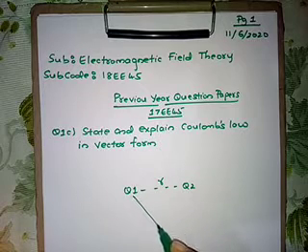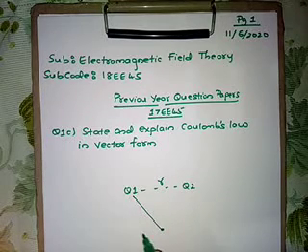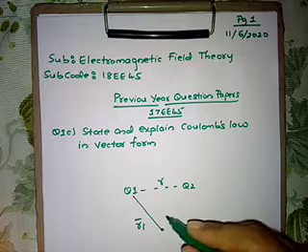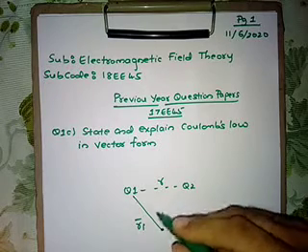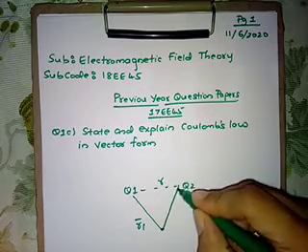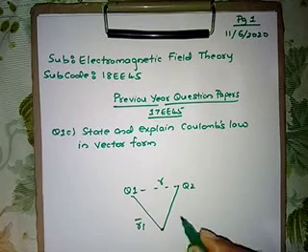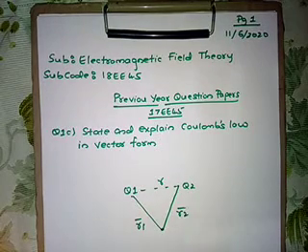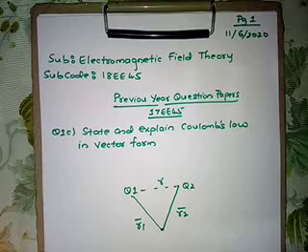So from Q1 to origin, let the distance be r1 vector. From Q2 to the origin, let the distance be r2 vector. Right.